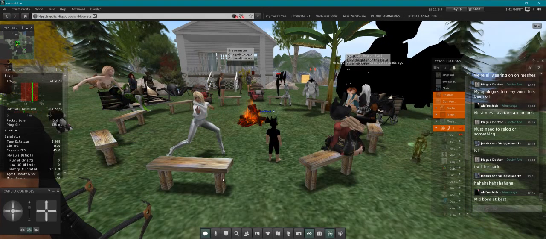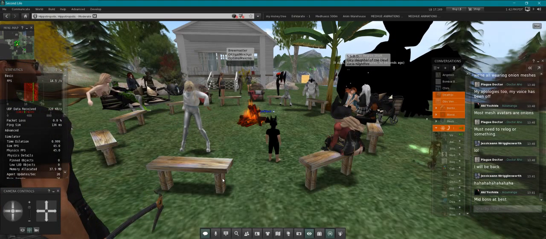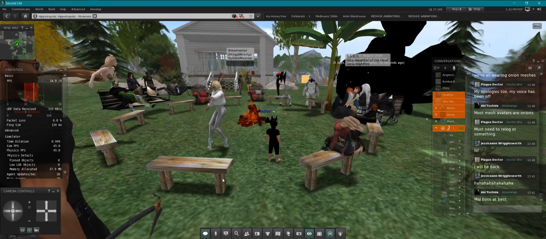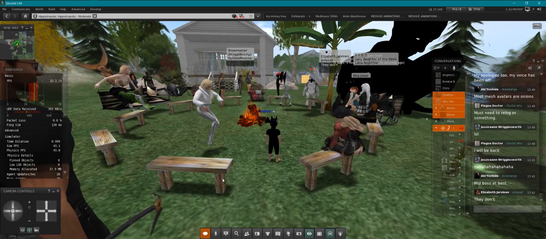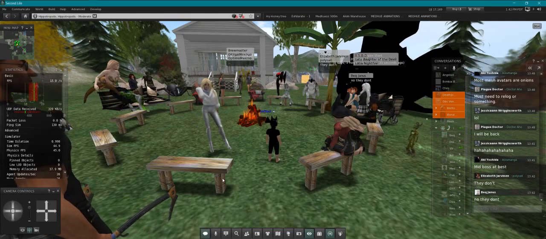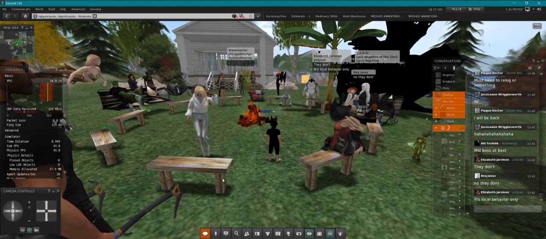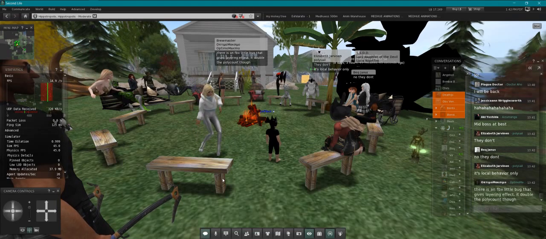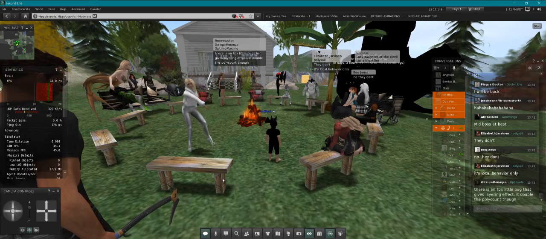Regarding the avatars stopping when selected, I don't think they stop for other people, do they? Your own avatar gets paused, and the way that Animesh is implemented, your Animesh objects will also get paused when they're selected. But it's purely something that's happening inside your own viewer. Nobody else really is affected.